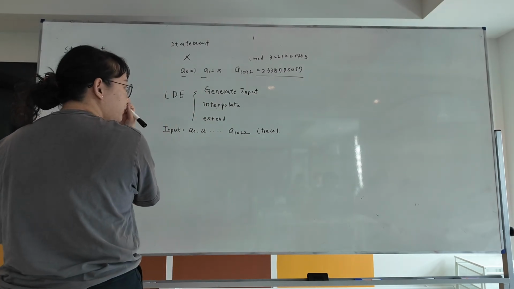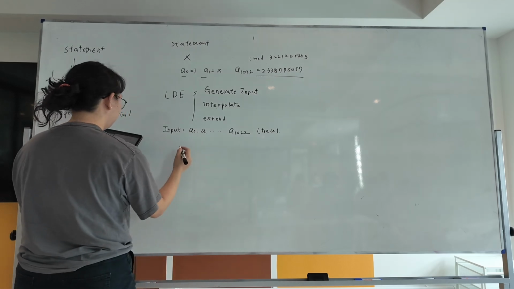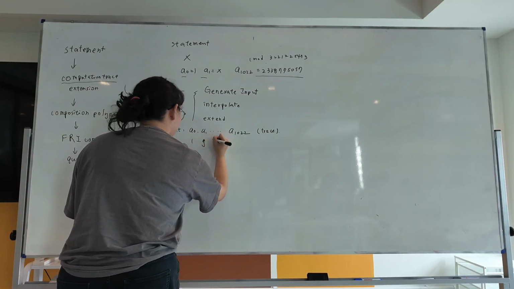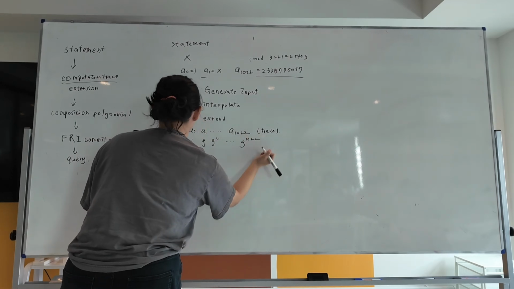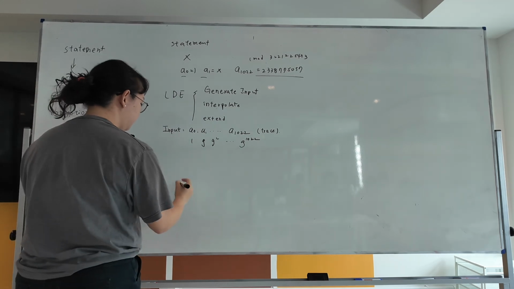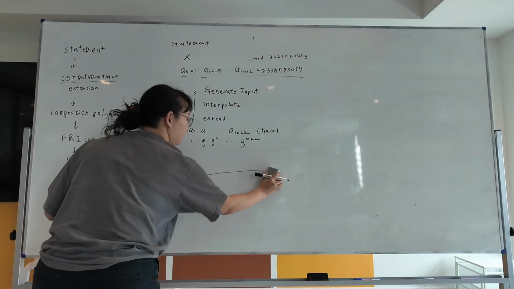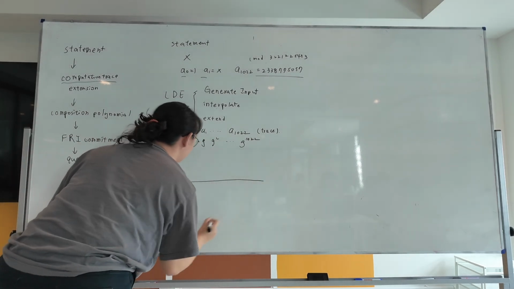When we get the trace, we map it with elements in the group. So we use 1, G, G squared, up to G1022. If we visualize it, it will look something like this.